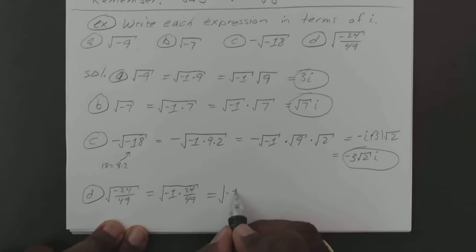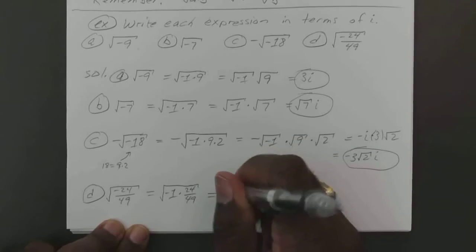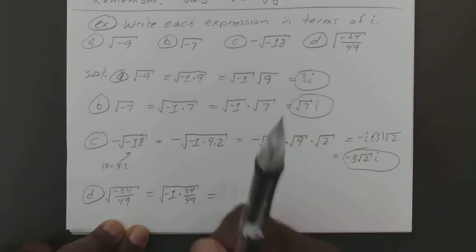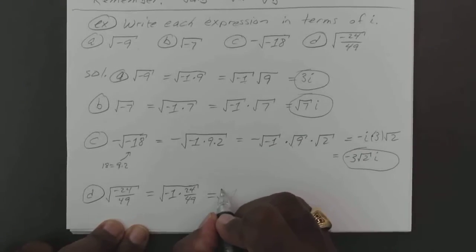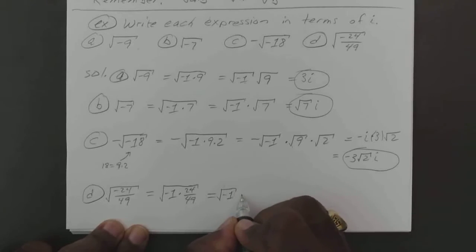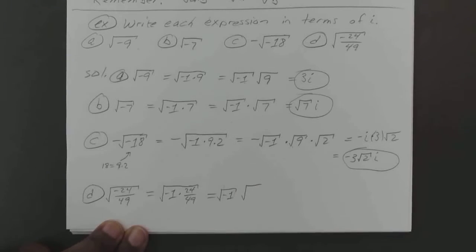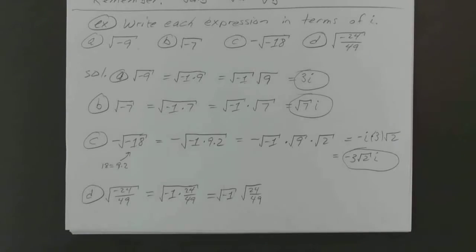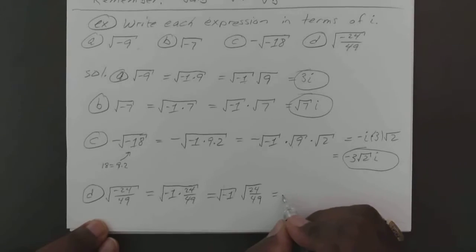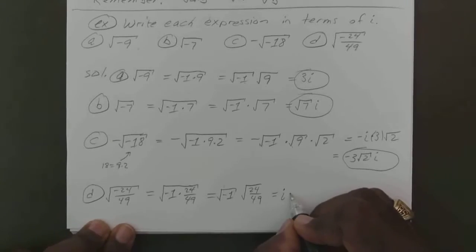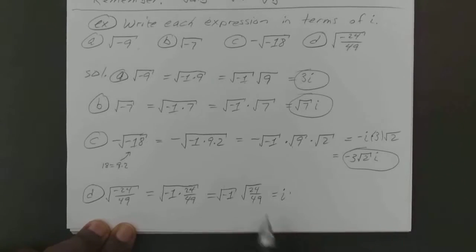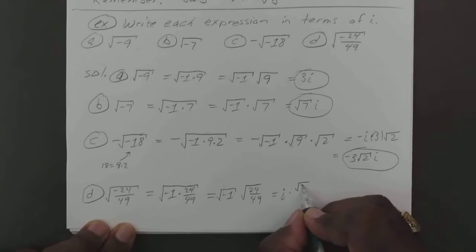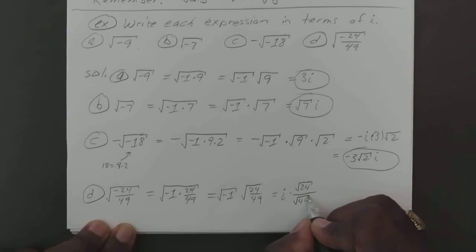Make that the square root of negative 1 times the square root of 24 over 49. The square root of negative 1, we can just make that I, times the square root of 24 over 49. Remember, we can make that the square root of 24 over the square root of 49.